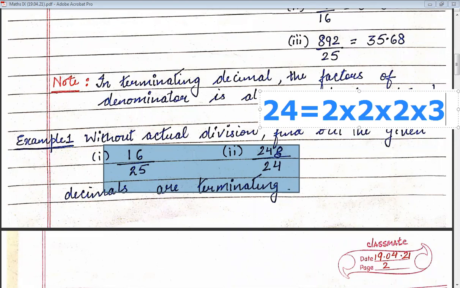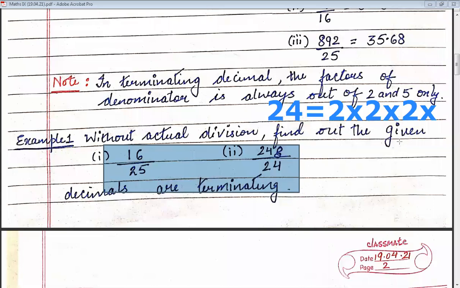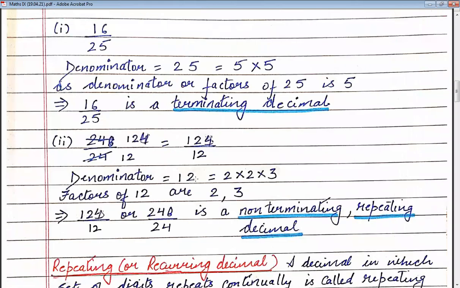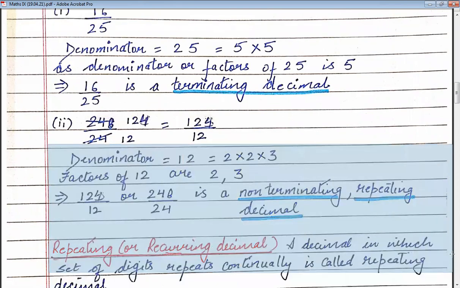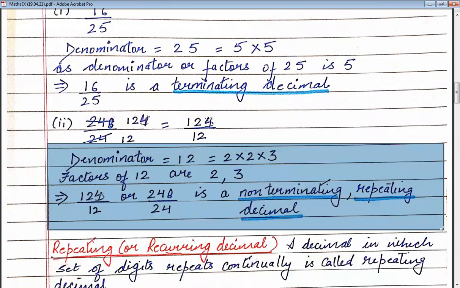So what are the prime factors? 2 and 3. Can you tell me whether this will be terminating or non-terminating? Yes, you are right. This is a non-terminating decimal. Why? Because 24 has an extra factor, that is 3. So when you have a denominator with factors other than 2 or 5, then that fraction is called a non-terminating and repeating decimal.